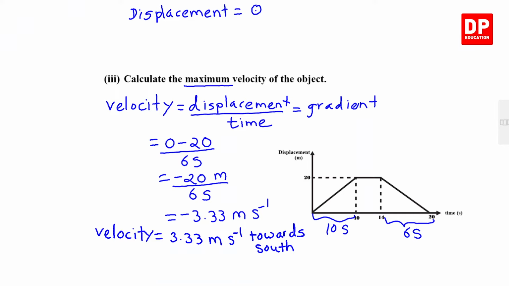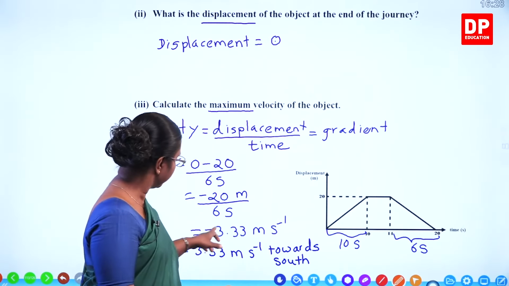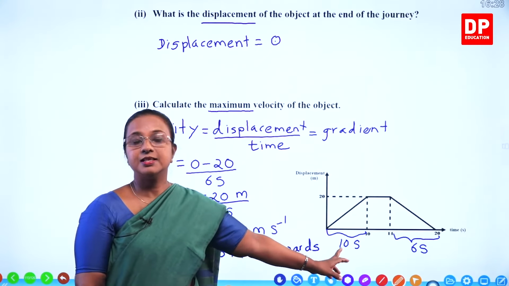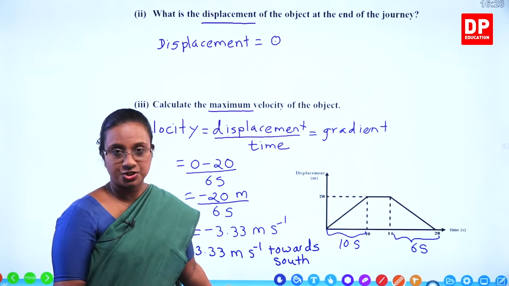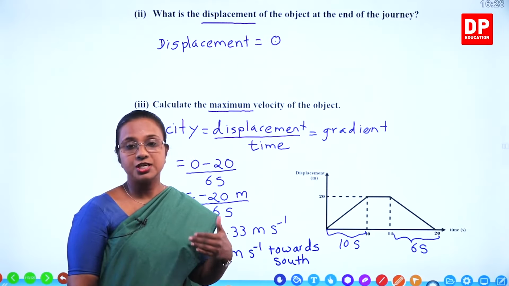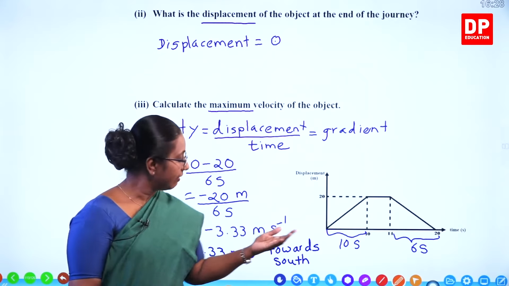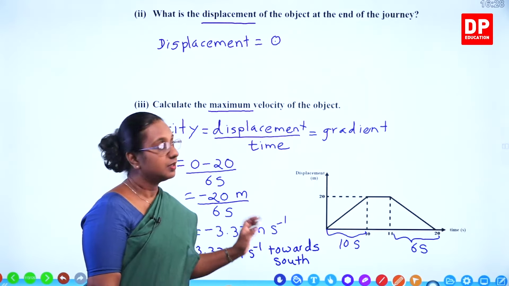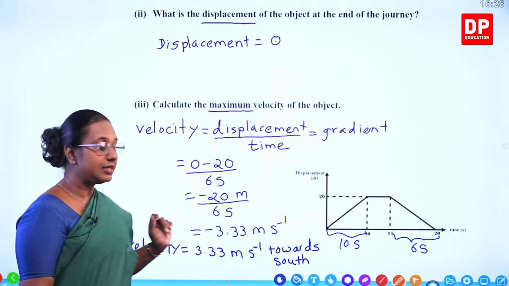I hope students, when you get a negative value, you will remember to consider the opposite direction. So in this, since they said the initial motion is towards the north, we write this as towards south. Okay, we'll go on to the next question.